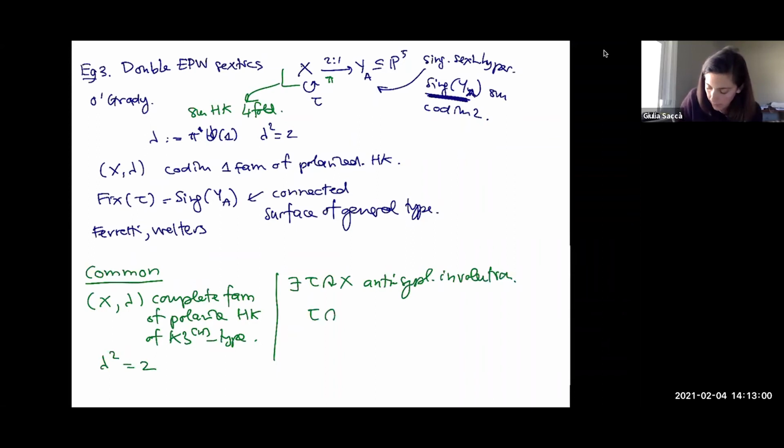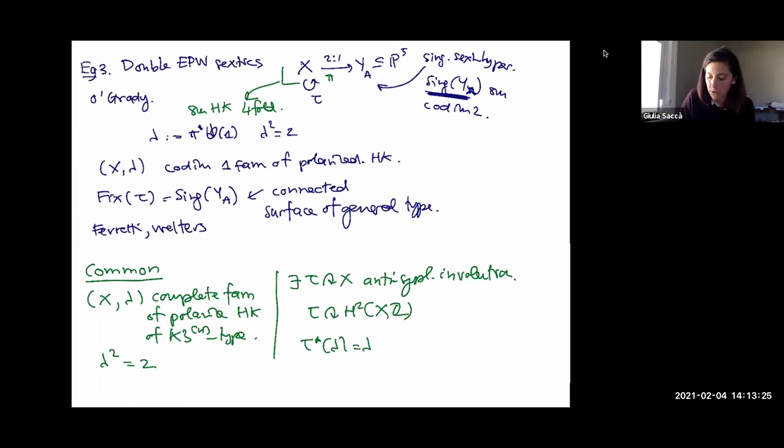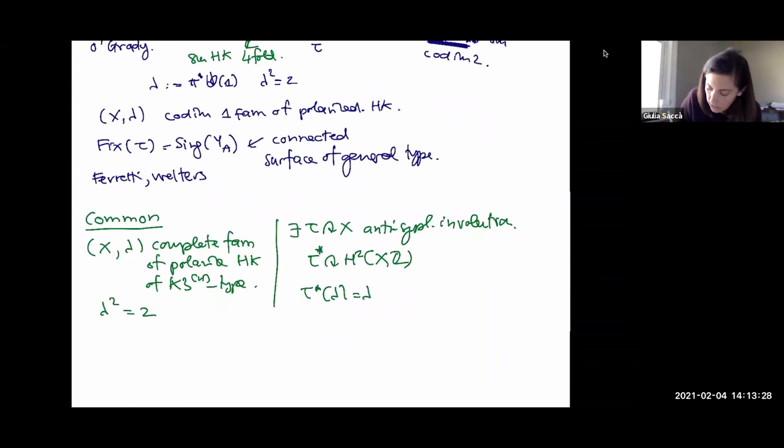And if you look at the action on the second cohomology group, it preserves lambda. But the fact that it deforms in this codimension 1 family forces the whole orthogonal complement of lambda to be acted upon by multiplication by -1. The whole rest is anti-invariant. So what I want to say is that the action here is the reflection about the class lambda.